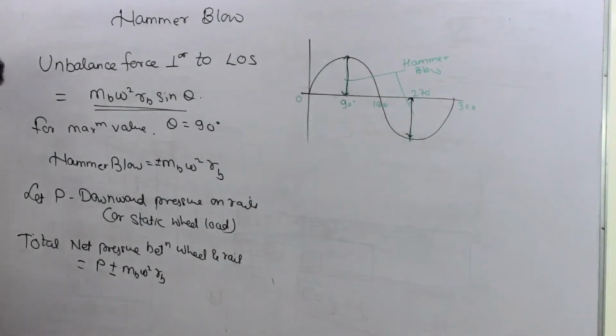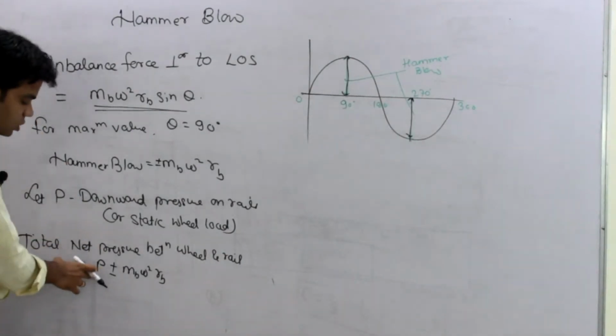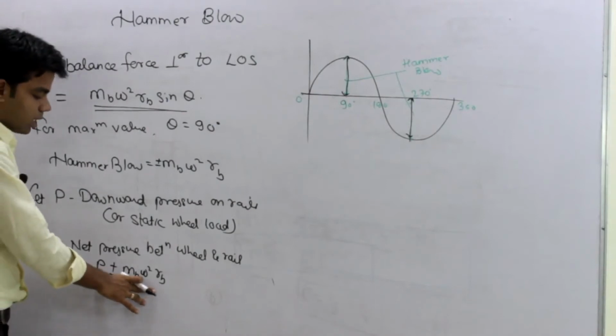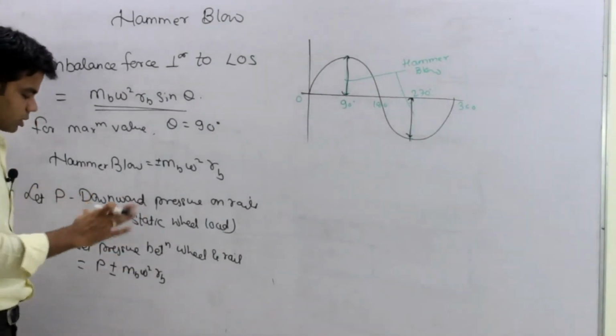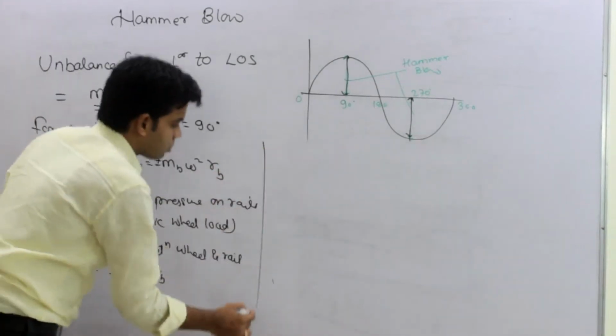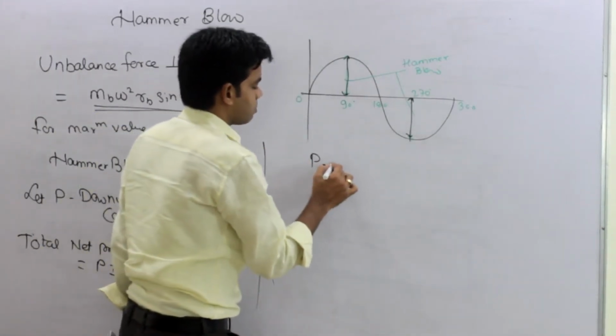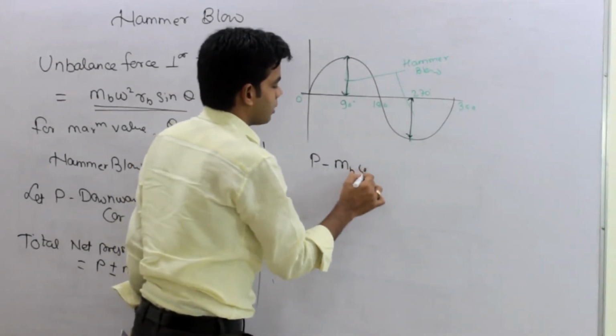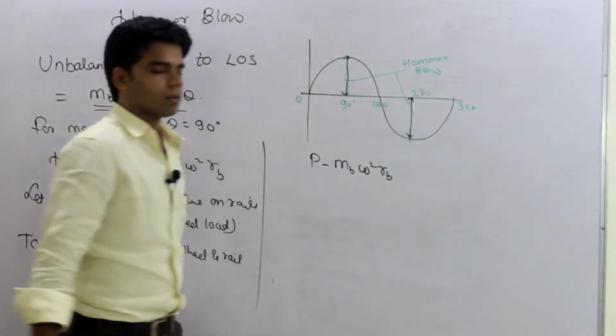Now one interesting thing comes here. If this pressure is P plus m_b omega square r_b, this doesn't matter, that is okay. Suppose the pressure at any point is P minus m_b omega square r_b.